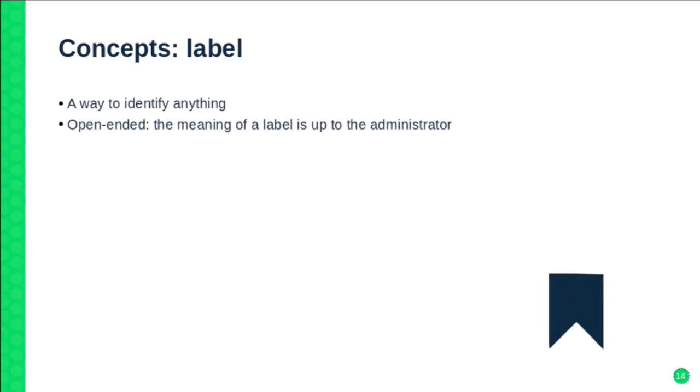Another concept which is pretty handy is labels, which are really open-ended. You can create tons of labels and give them whatever meaning you want. This is usually done, for example, to select services with their related pods, but it can be done by any means.